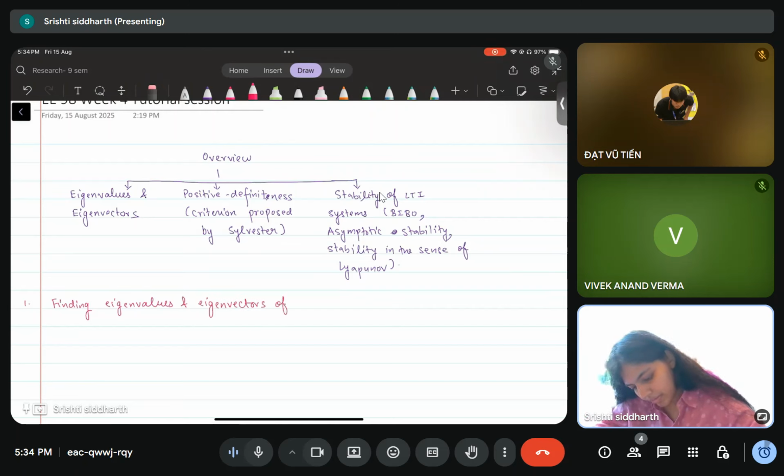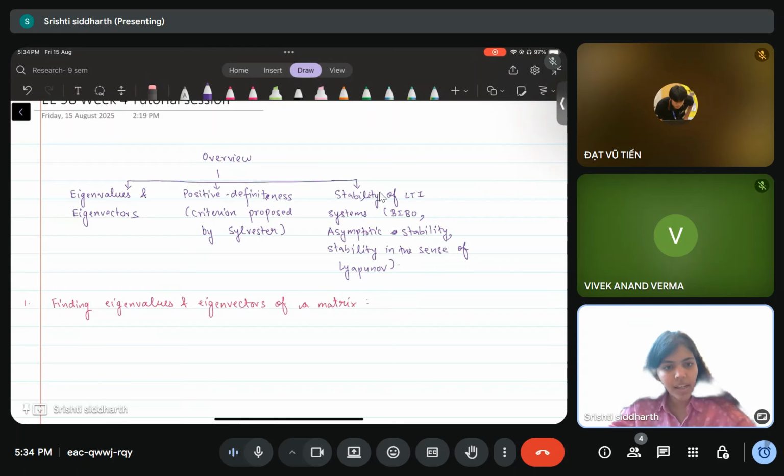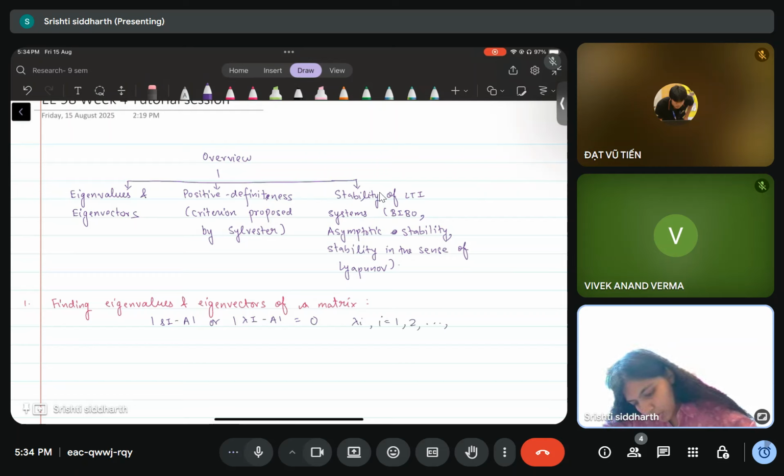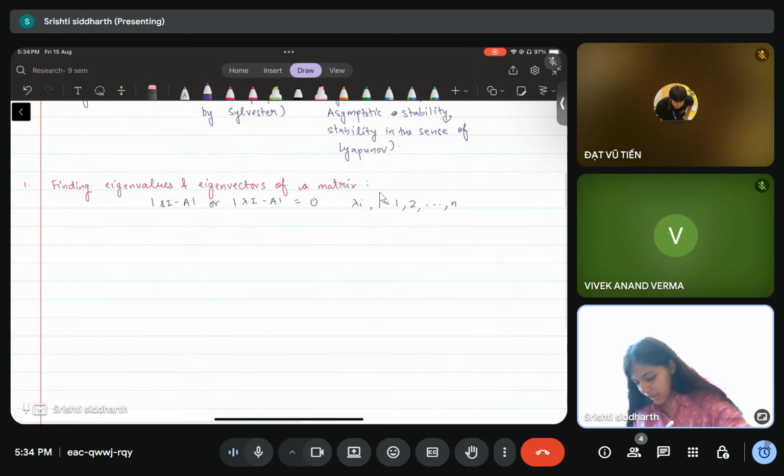You must have learned to determine the eigenvalues. What we need to do is calculate the determinant of sI minus A, or lambda I minus A, and equate it to 0. The solutions lambda i, i ranging from 1 to n, would be the eigenvalues of the matrix. So let's begin with an example.